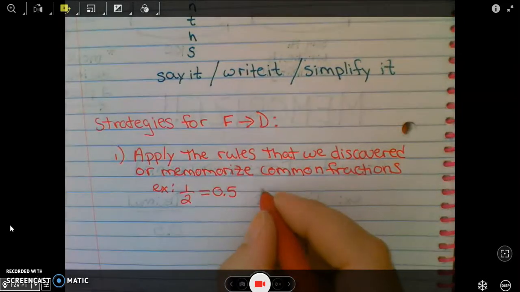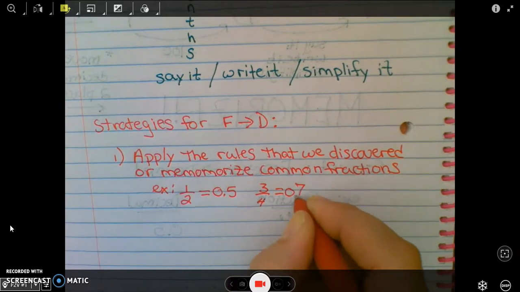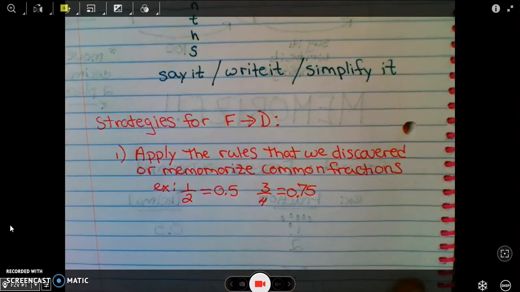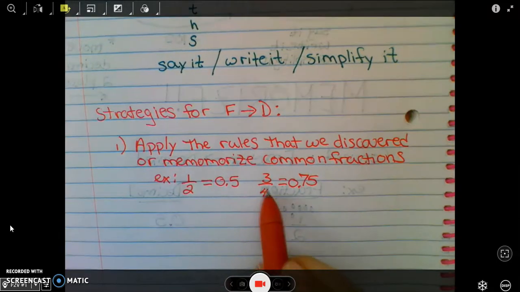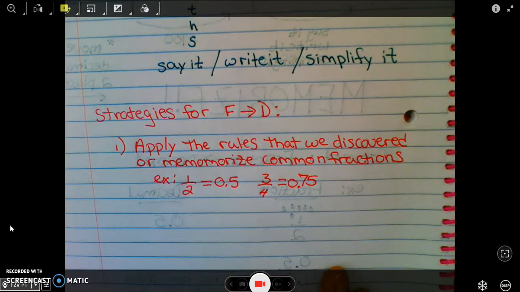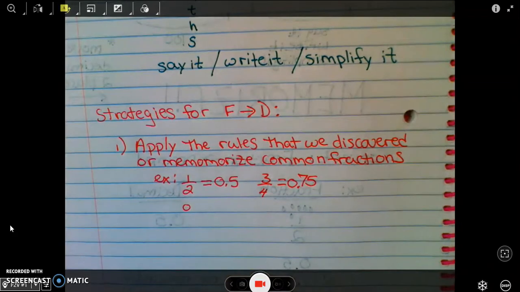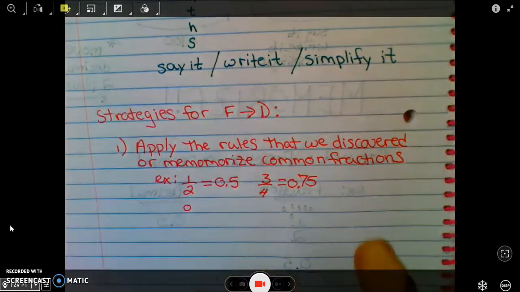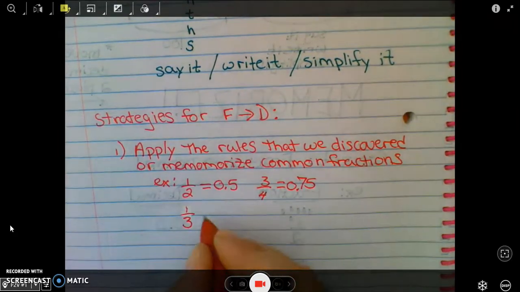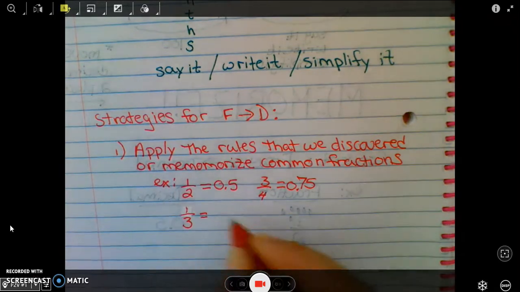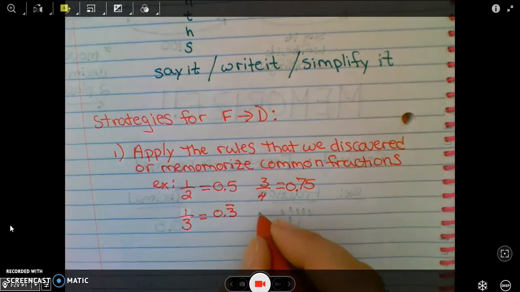You might know 3/4 is 0.75, and we talked about how money can help you think with anything that has a denominator of 4. Repeating decimals are if you have, like, 1/3 is a repeating decimal that you might see frequently, 0.3 repeating.